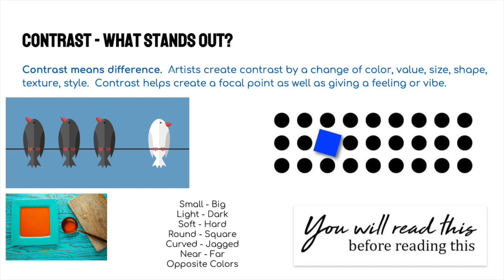Some examples of opposites might be small and big, light and dark, soft and hard, round, square, curved, jagged, near, far, opposite colors. There are lots of different ways that a graphic designer can create contrast in an image. And we use contrast to make the image look interesting. We also use contrast to tell the viewer where to look and what is most important to look at.